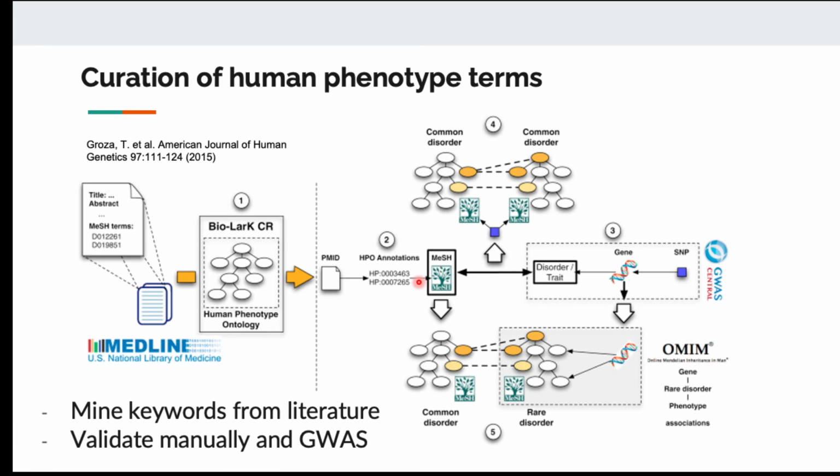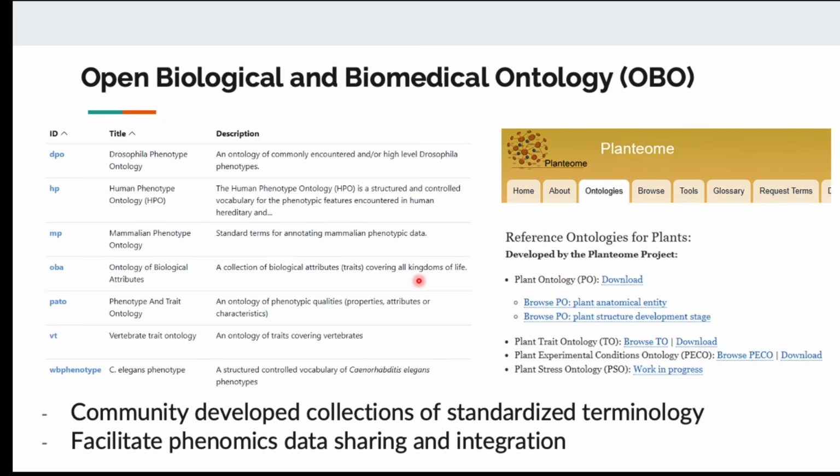For other systems like animals and plants, there is the Open Biological and Biomedical Ontology group that tries to collect opinions and the conventions that laboratories around the world use to describe animals and plants. If you go to this database, there will be different ontologies in there, for example the Drosophila phenotype ontology, for every phenotype that we induce by mutating Drosophila, or you might see the plant anatomy ontology.